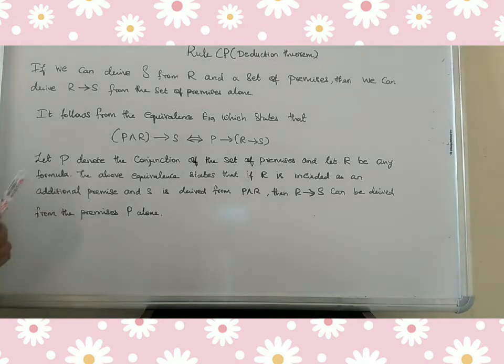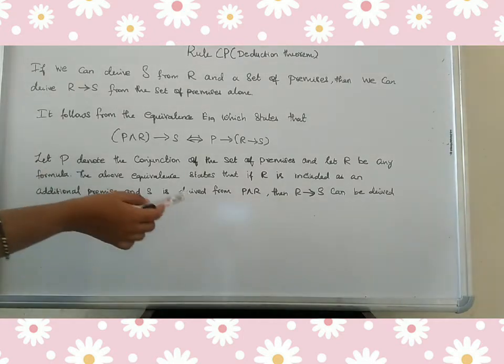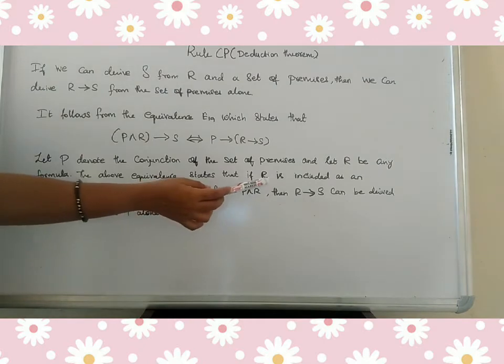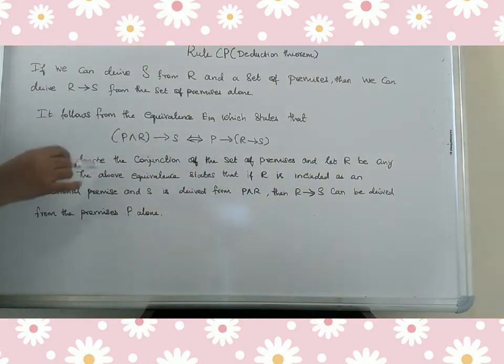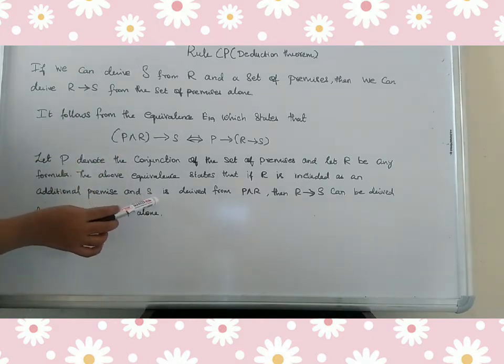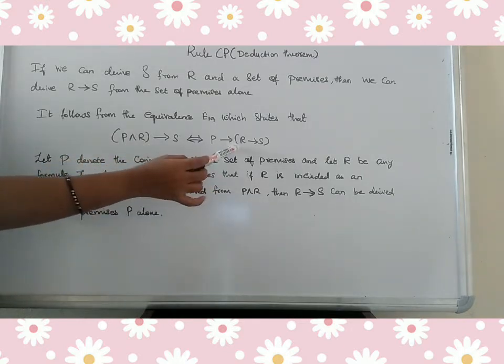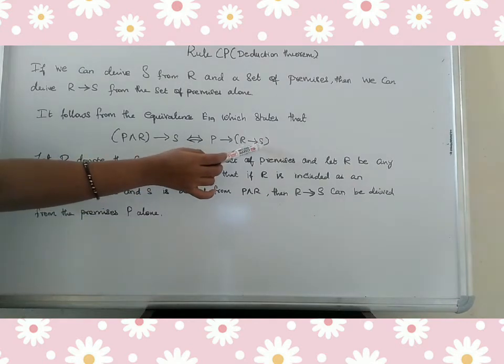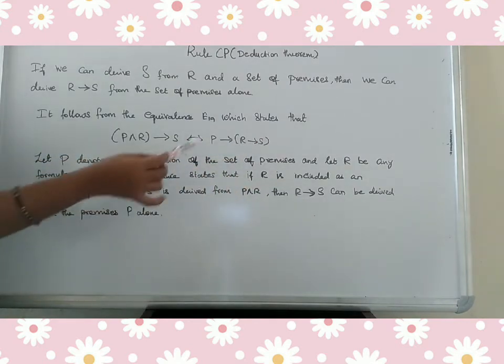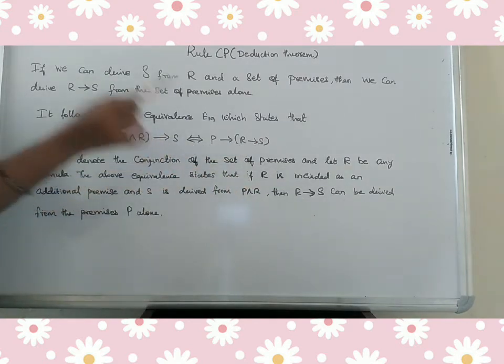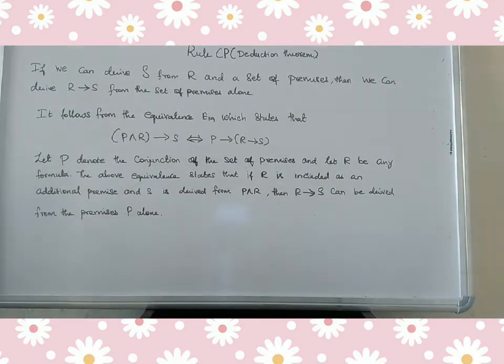It means we can include R as an additional premise in our derivation, and if S is derived from P and R, then R conditional S can be derived from the premises P alone.